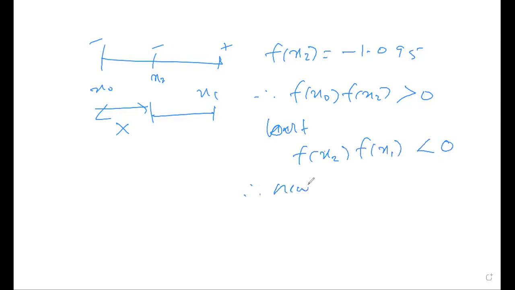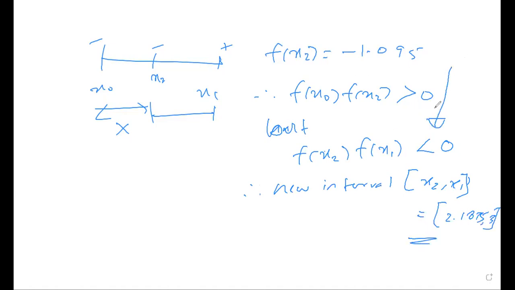Therefore, the new interval will be x2 comma x1, which is 2.1875 comma 3. This is how you have to write very clearly, in the exam or even in your notes. Then only you can understand.